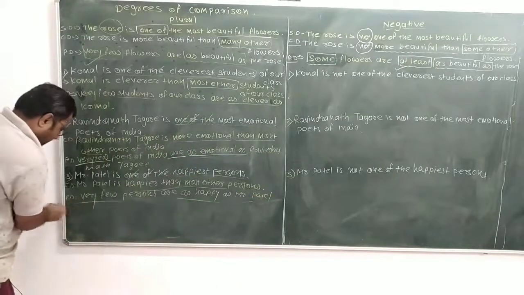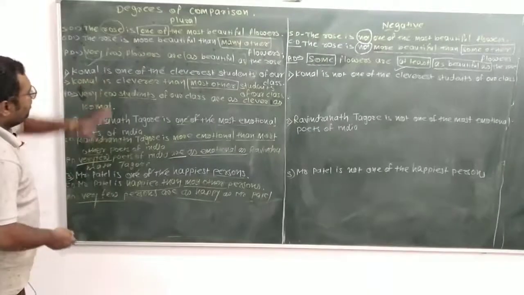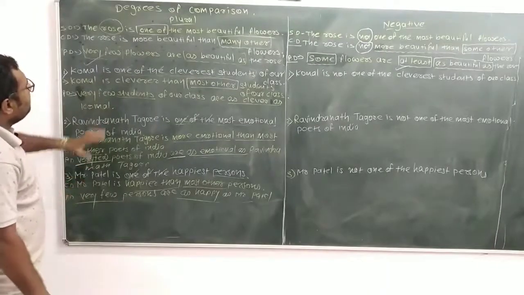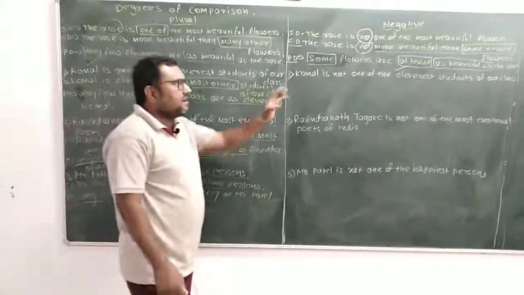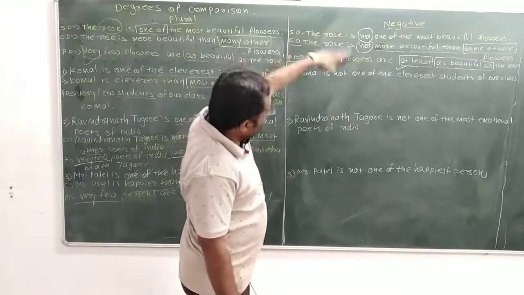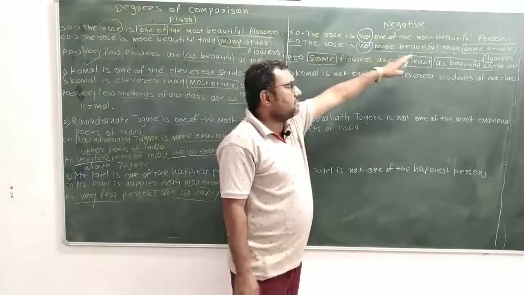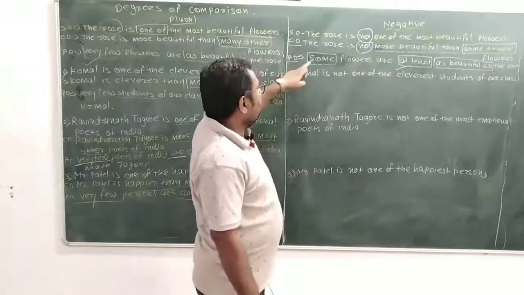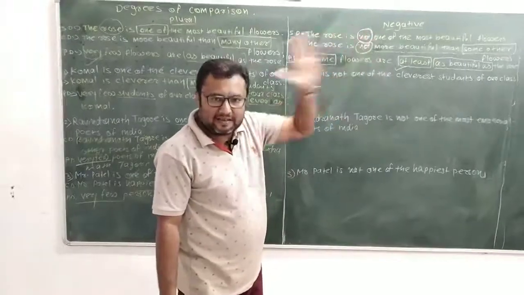Okay. Very few persons are as happy as Mr. Patel. All of you know these things well, but something changes in negative sentences. Suppose the rose is not one of the most beautiful flowers, so we use "not some other" in comparative, and in positive degree "some are at least as".